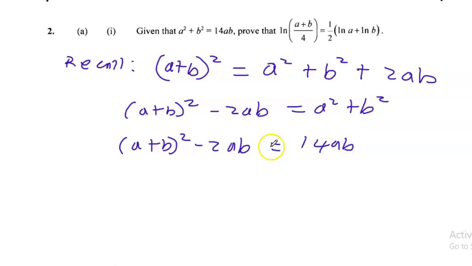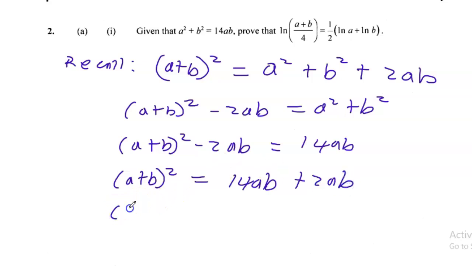Which means if I add 2ab to both sides, I'll end up with (a plus b) square equal 14ab plus 2ab. So (a plus b) square is equal to 16ab.